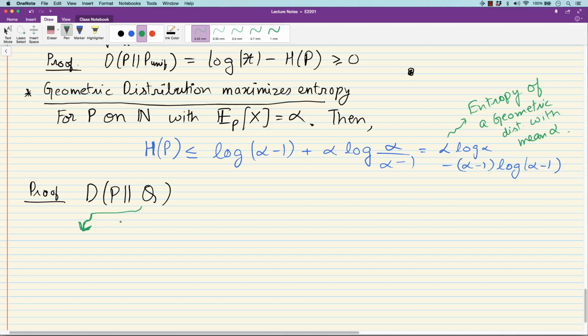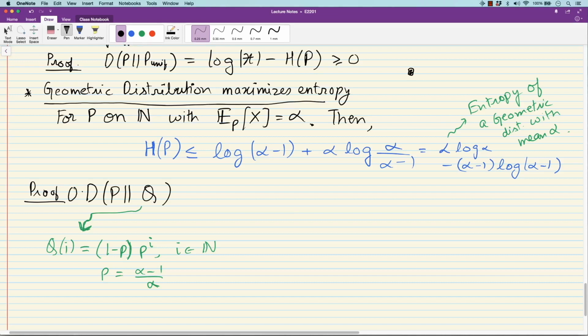How do we define a geometric distribution with mean alpha? It takes Q of i equals (1 minus P) times P to the power i, for all i in the natural numbers, and because you want the mean to be alpha, this P is alpha minus 1 by alpha.